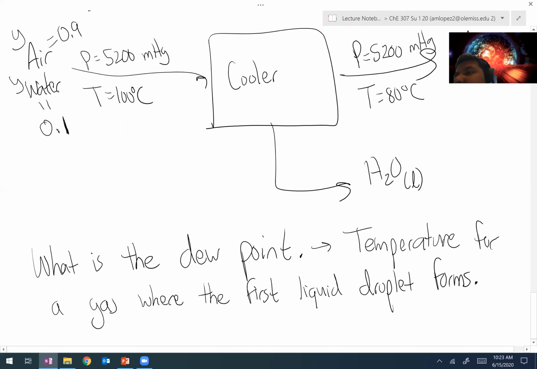So how do you think we can find the dew point? Any ideas?